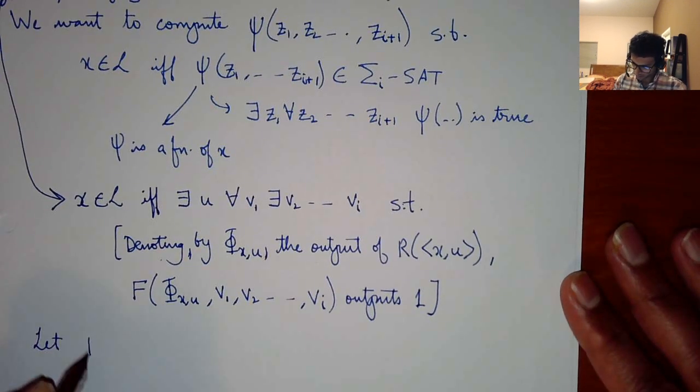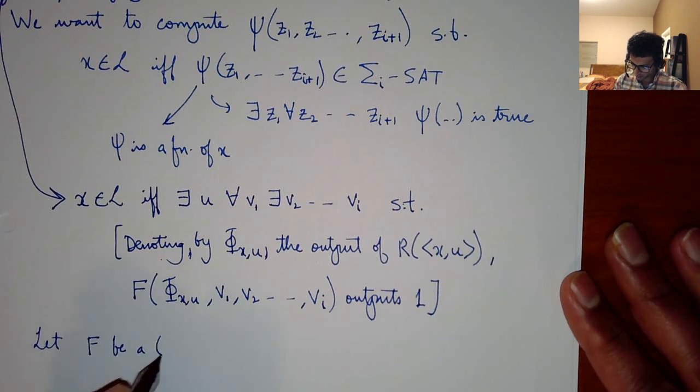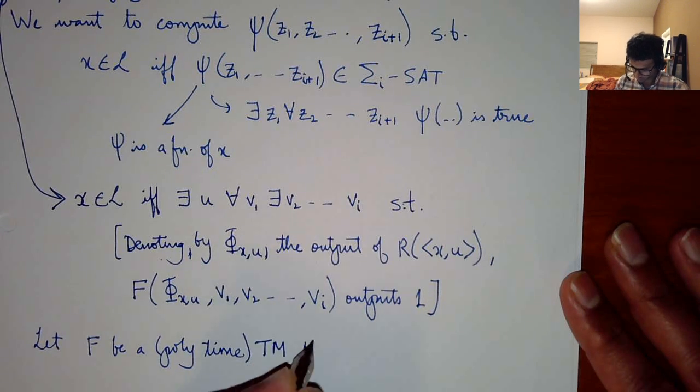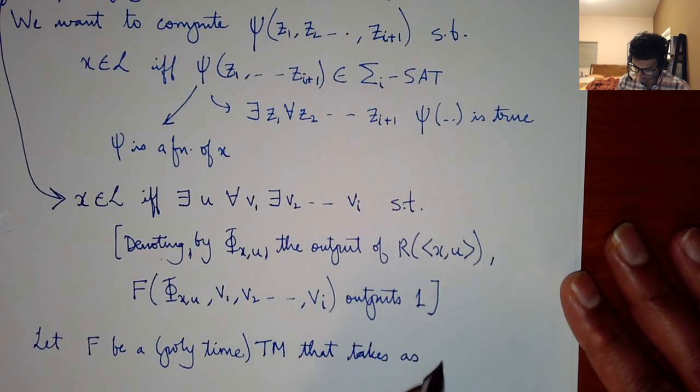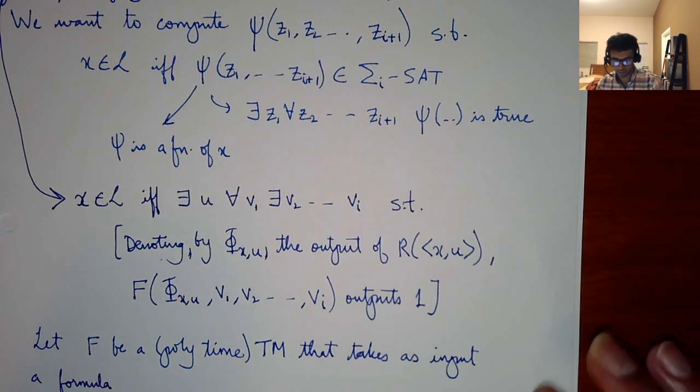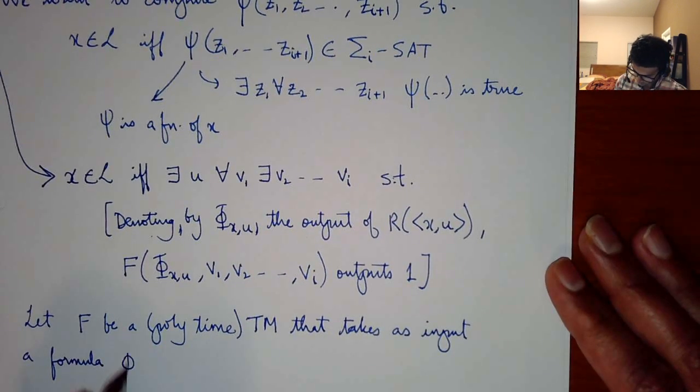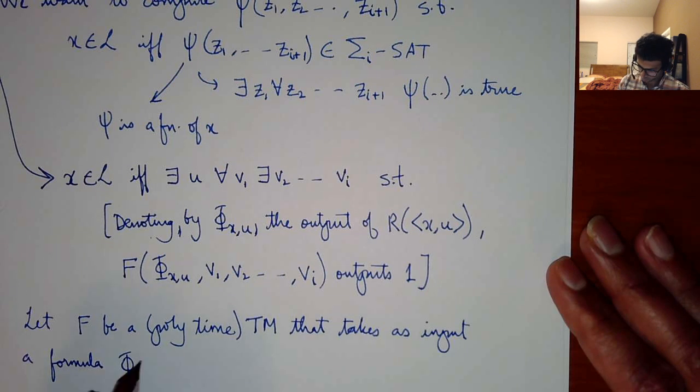Let f be a polynomial time Turing machine that takes as input a formula. So it's taking as input the formula phi, and I'm just going to use z to denote its argument.